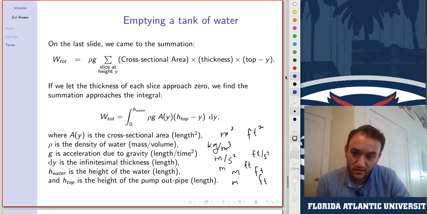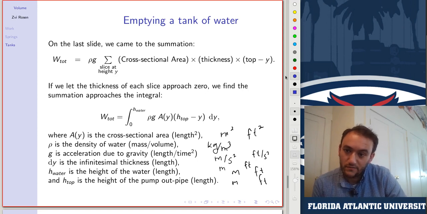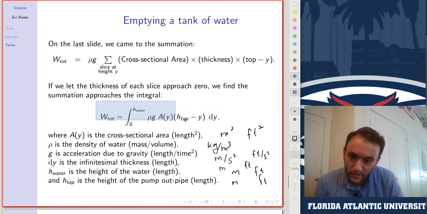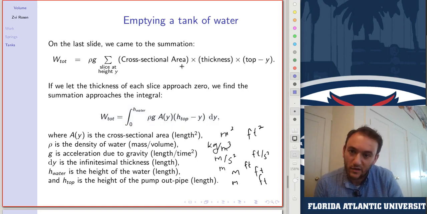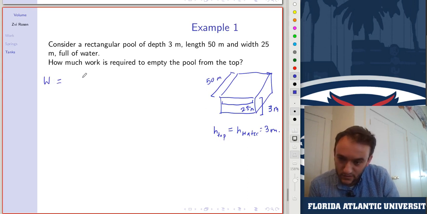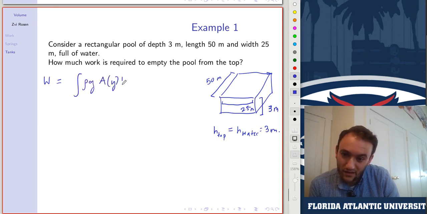Okay, so let's take this integral. I don't know if we can actually drag this integral. Probably not, so let's just rewrite it. The total work is equal to the integral of rho g a of y times h top minus y dy, where you go from 0 to the height of the water.